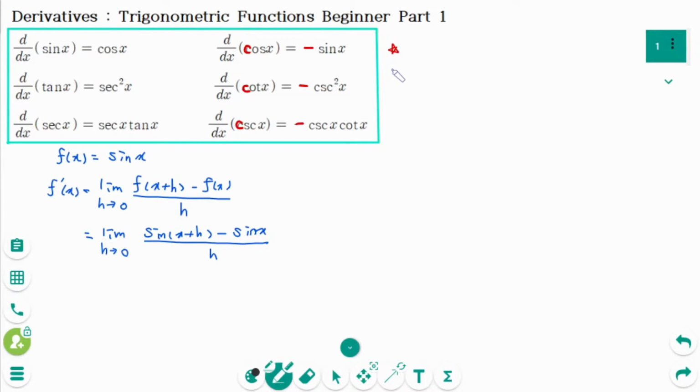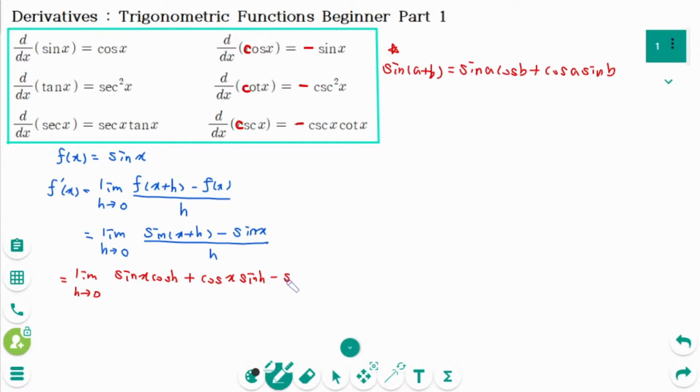Use the formula sin (a plus b) equals sin a times cosine b plus cosine a times sin b. So limit as h approaches 0, sin x times cosine h plus cosine x times sin h minus sin x over h.